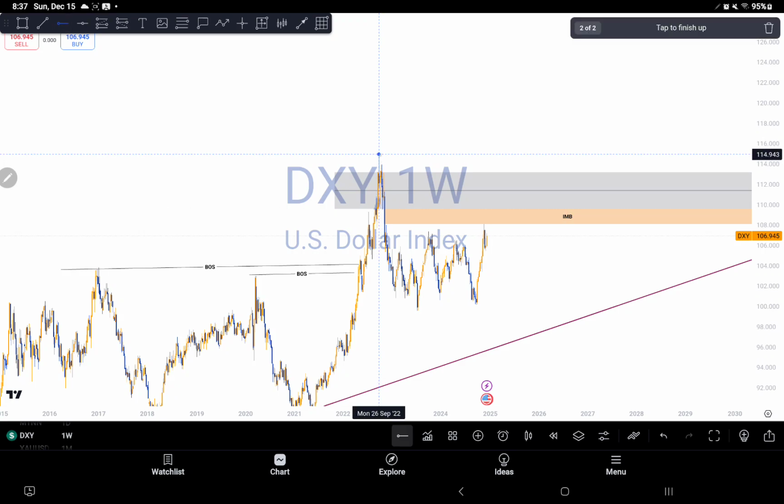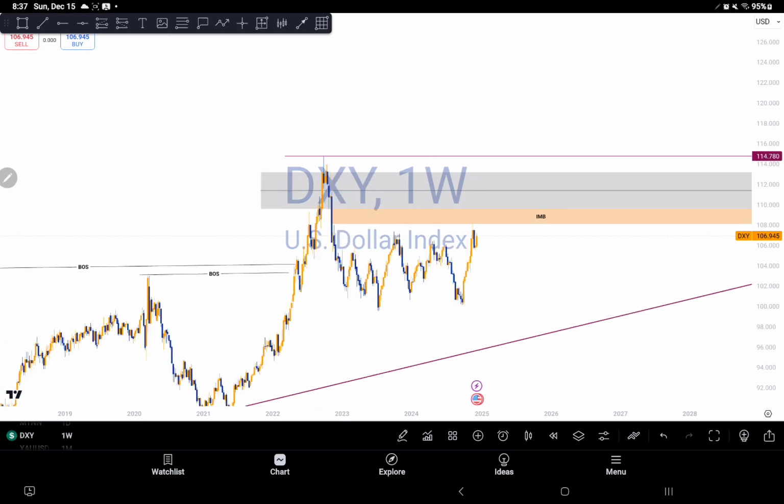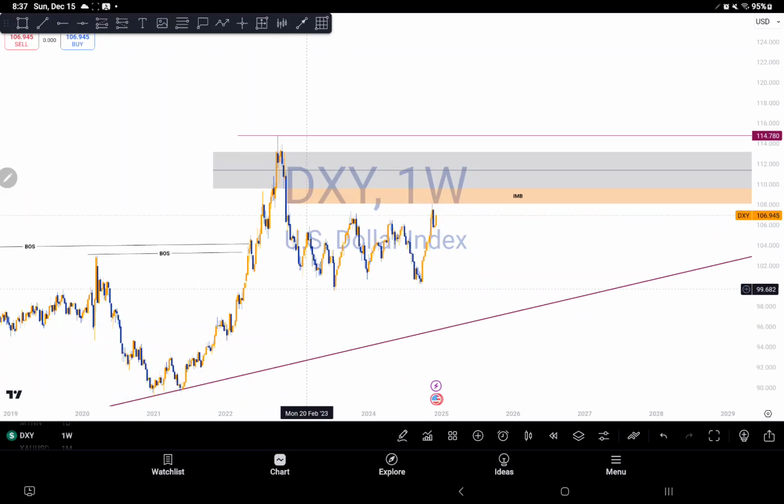I'm going to mark this as our last high based on the current price action. So I still think DXY might push up a little bit to fill in the imbalance for that continuation to the downside.